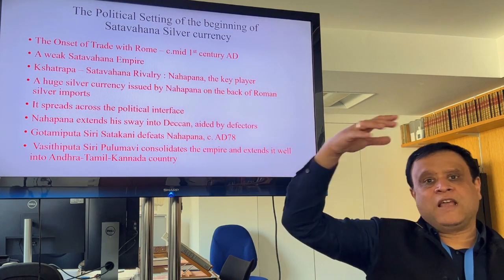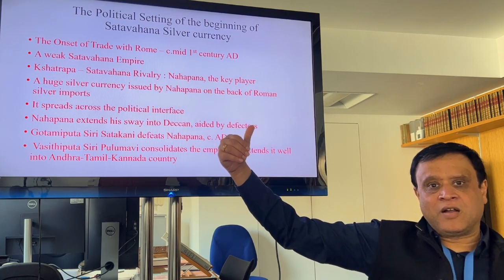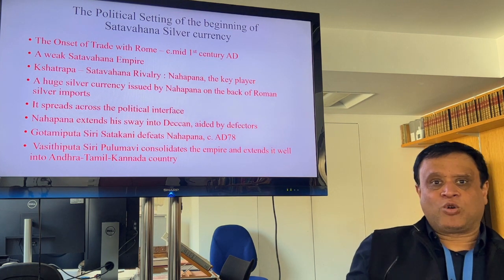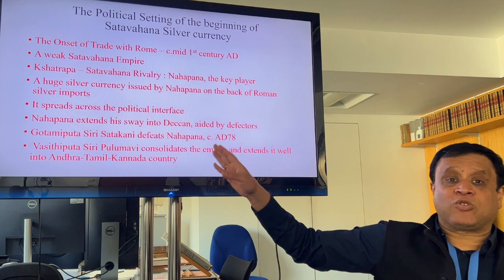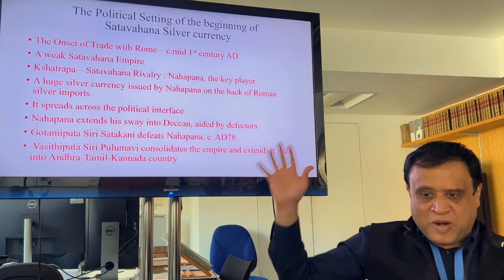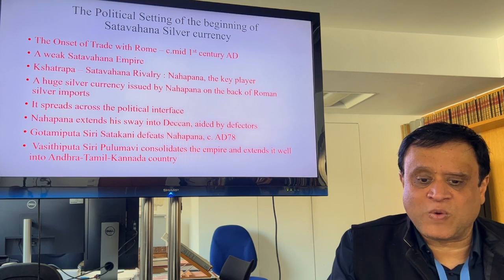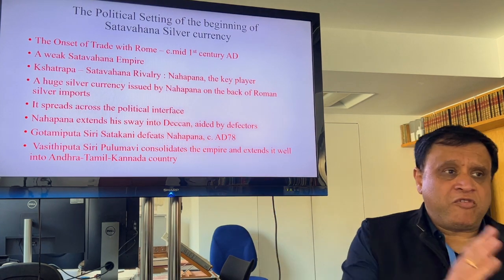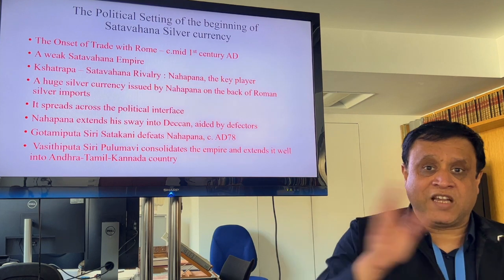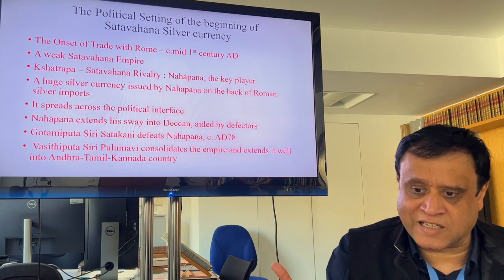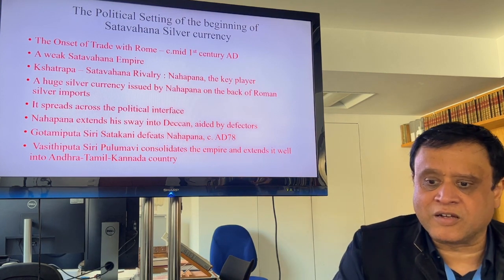So he extends his empire partly in response to the Kshatrapas pushing from the northwest. He extends it southeastwards, bringing more and more areas of the Deccan under his sway. So this is what happens between 50 AD roughly to 150 AD. In 100 years, the empire changes dramatically under the influence of this rivalry.